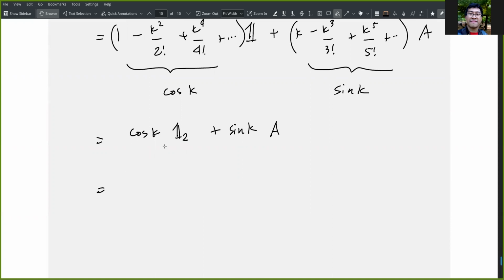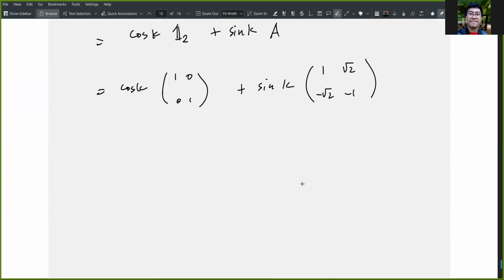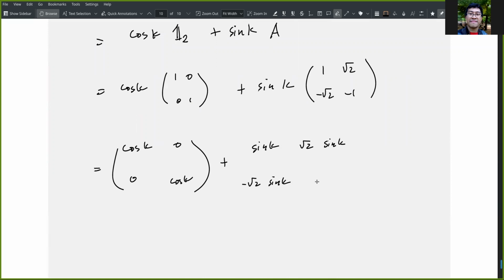So this becomes cosine k times 1, 0, 0, 1, plus sine k times A, which is 1, square root of 2, negative square root of 2, minus 1. Let me check: 1, square root of 2, negative square root of 2, negative 1. Or you have cosine k, 0, 0, cosine k, plus sine k, square root of 2 sine k, negative square root of 2 sine k, negative sine k.